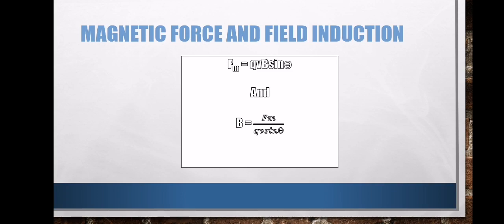And for magnetic field, B is equal to Fm divided by QV sine theta, whereas Fm refers to magnetic force, Q refers to electric charge, B refers to magnetic field, and V refers to velocity. Take note of the unit. When we are calculating magnetic force, our unit is Newton, and if we are looking for magnetic field, the unit is Tesla.